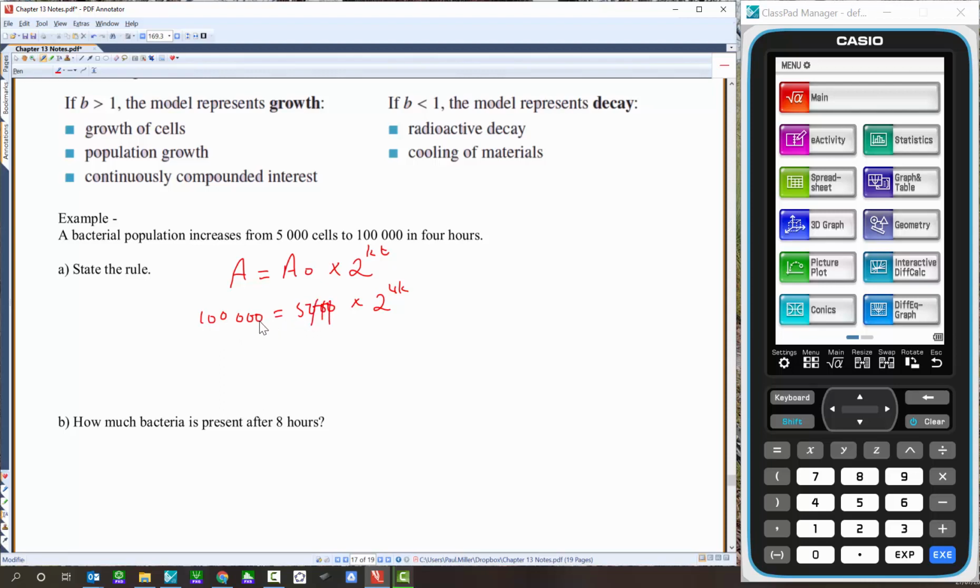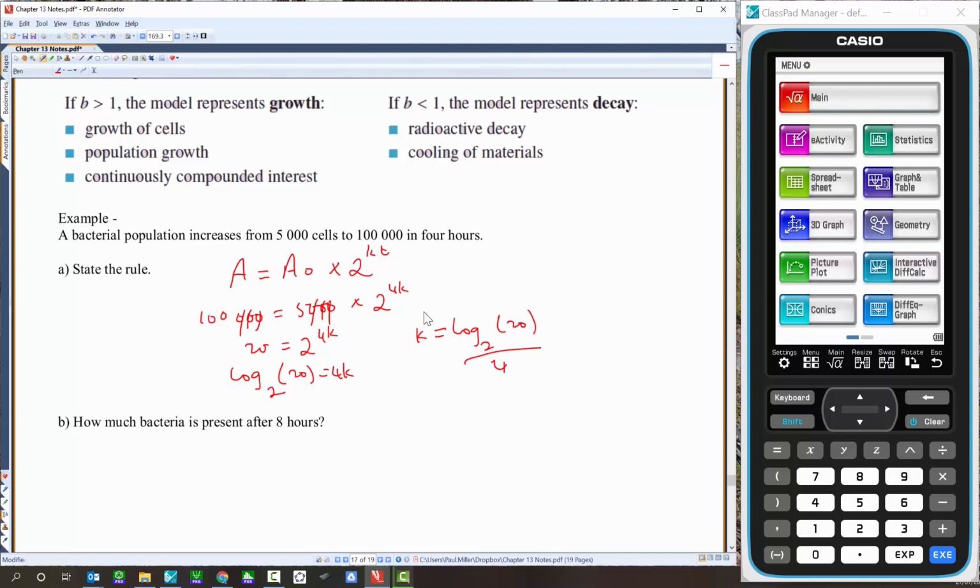So it's going to slash 3 of them off. 5 into 100 goes 20 times, equals 2 to the 4k. Now we're going to switch this to log form. So I'm going to write this as log base 2 of 20 equals 4k. And my k value is log base 2 of 20 all over 4.